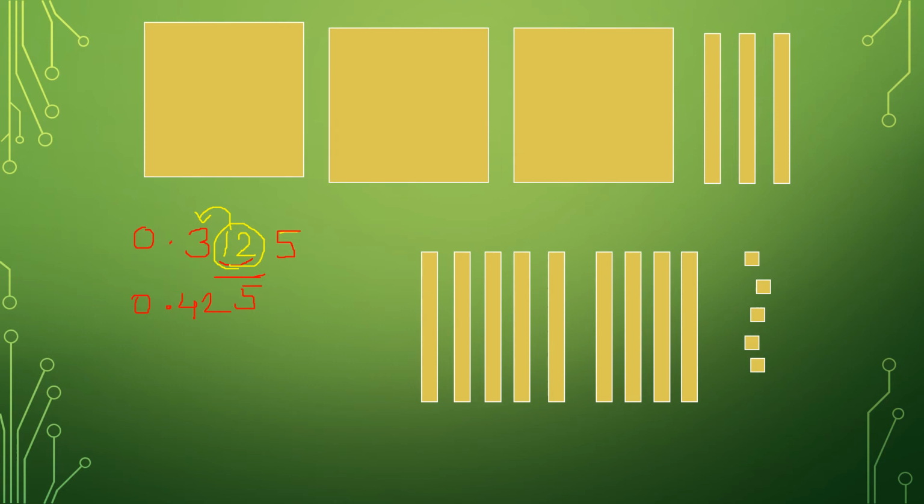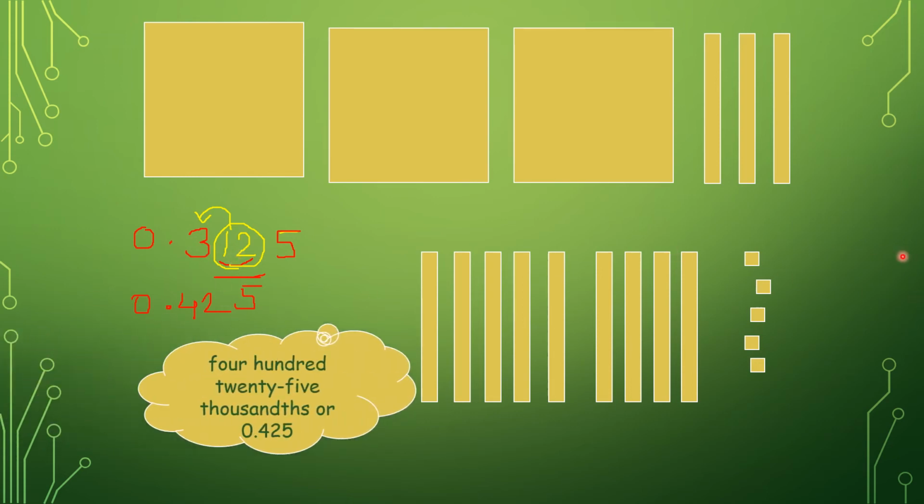Now if there are more than one digit in some place, then we will shift it. Like here in this question the sticks were 12 in number, but at one place I cannot write two digits, so I will shift this ten to the next one. So it will be 3 plus 1, which is 4. So the number name of this will be 425 thousandths or 0.425.